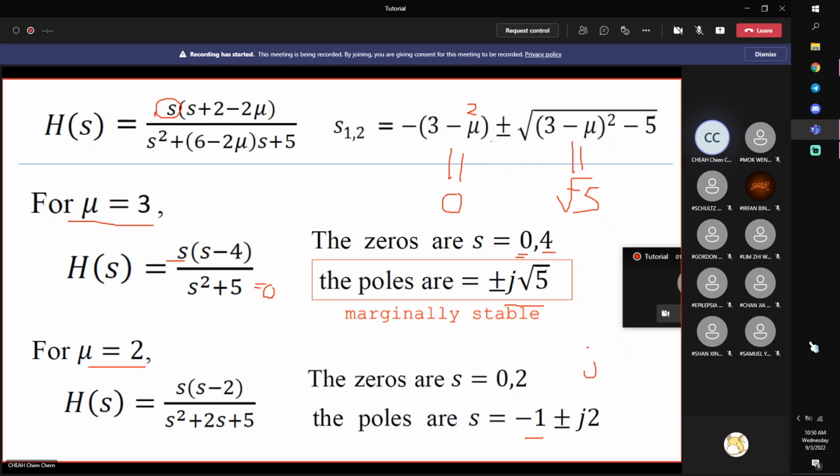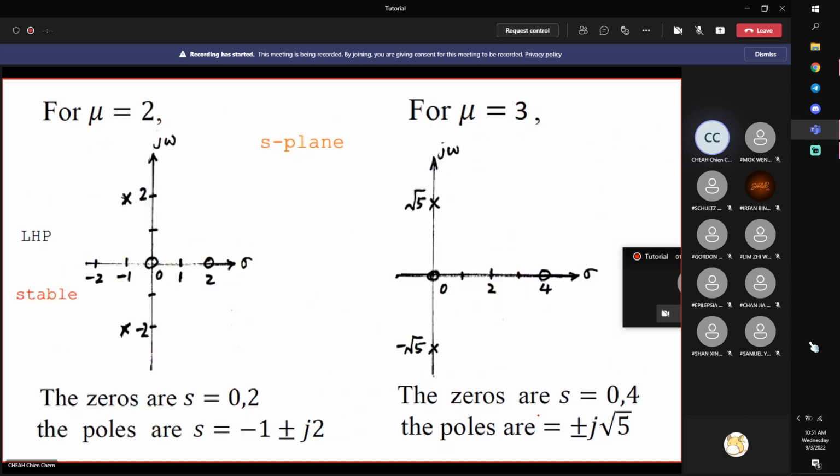Because j is the square root of negative 1. Basic definition of j. So it's imaginary, right? But on the left half plane, because your real part is negative. Because this negative 1 plus j2 or minus j2 is still on the left half plane.